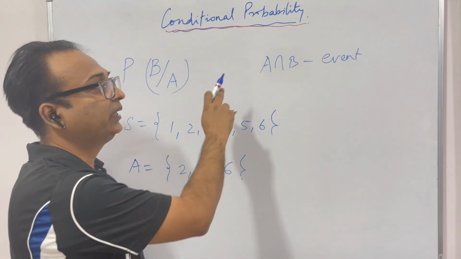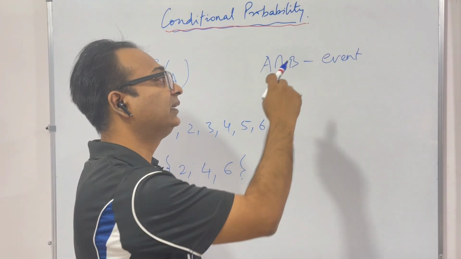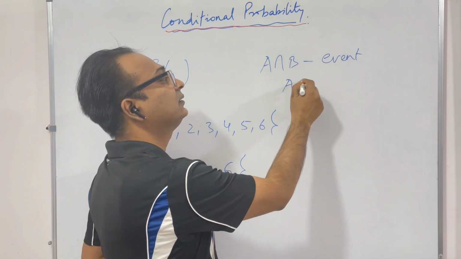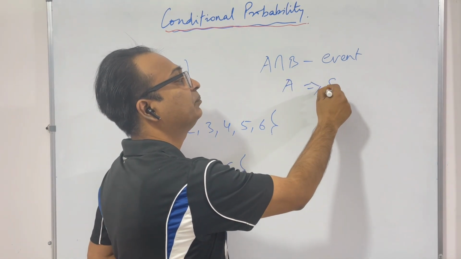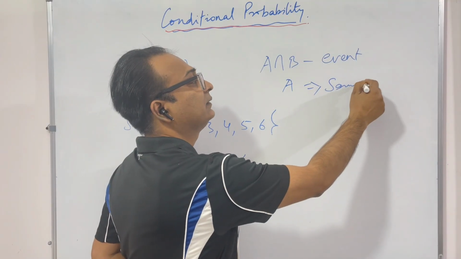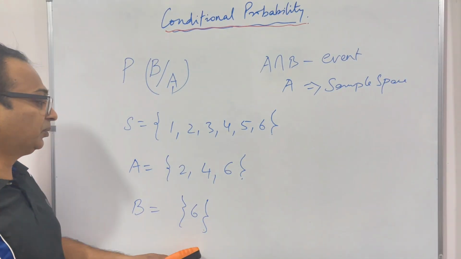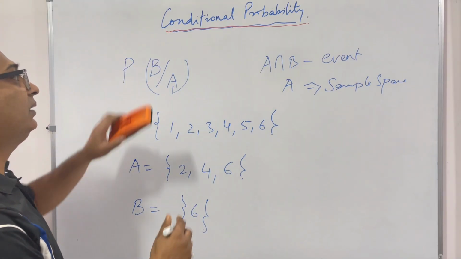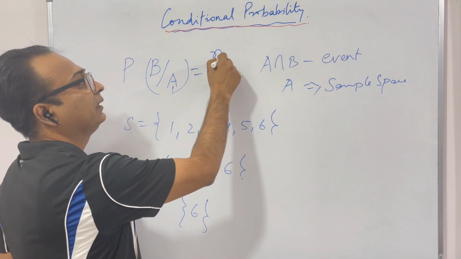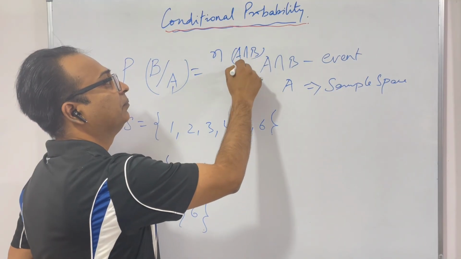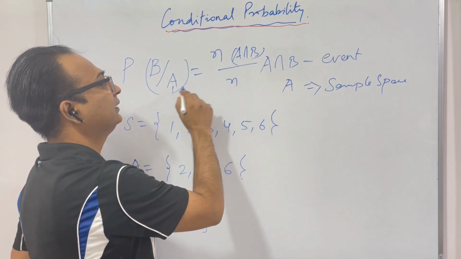So A intersection B is the event now, and this A works as the sample space. So how do we take out the probability? Probability becomes the number of elements in A intersection B divided by the number of elements in A.